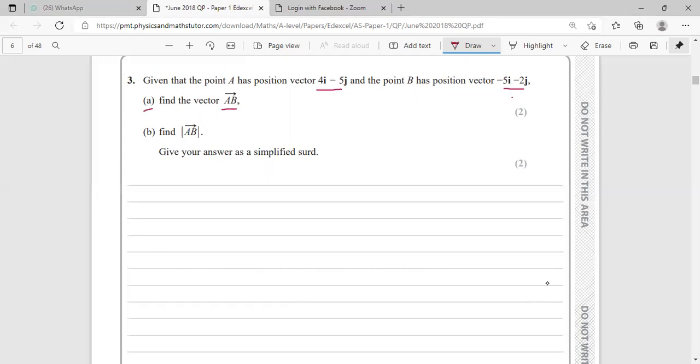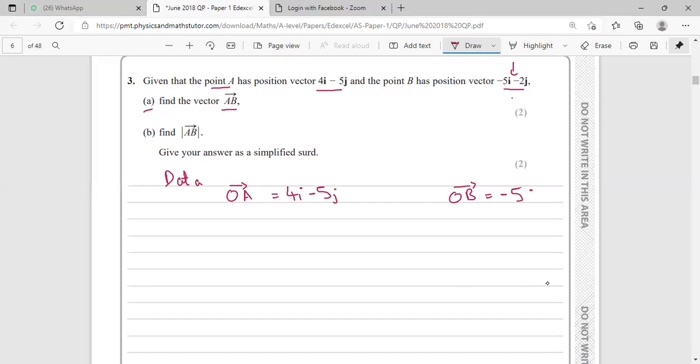The data is the position vector of point A, so this would be OA vector from the origin. This is 4i minus 5j, and this would be OB, the position vector of point B. It is going to be minus 5i minus 2j.